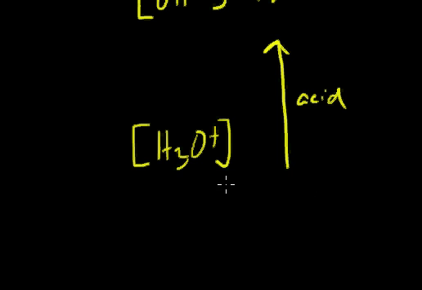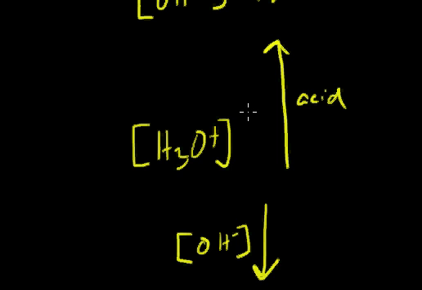As the hydronium concentration increases, the hydroxide ion concentration, the part that's a base, will decrease and decrease. And so as the acid increases, the hydronium increases, the hydroxide will decrease. And they are inversely related to one another.